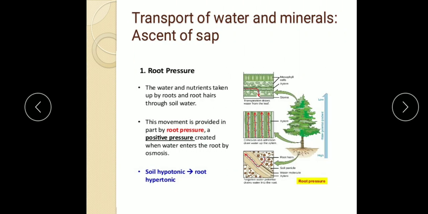Now this transport of water and mineral is known as ascent of sap. So we will study now ascent of sap. What is the meaning of ascent of sap? That is transport of water and mineral.